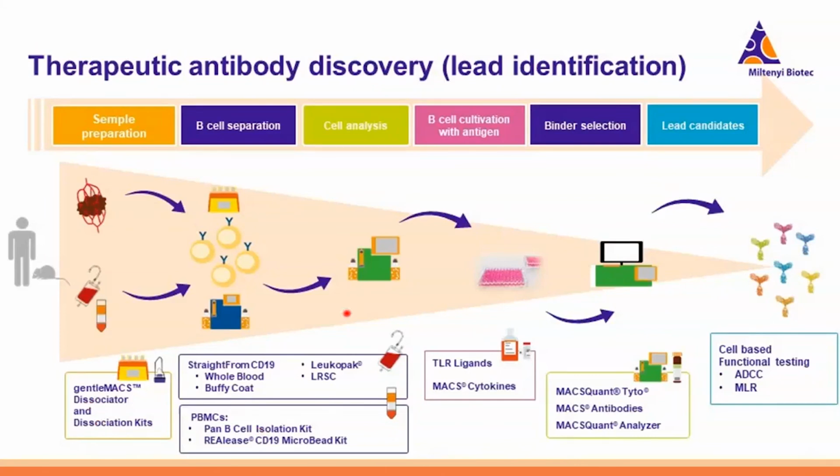And then, of course, as mentioned, we have a lot of advantageous solutions for flow cytometry monitoring, like with the MACSQuant Analyzer and also the REAffinity antibodies. And as I also showed before, very nice solutions for culture, including also other products like CD40 ligand, for example. And last but not least, the MACSQuant Tyto, as I proved before, is really the perfect solution for this type of research. And there are several advantages.